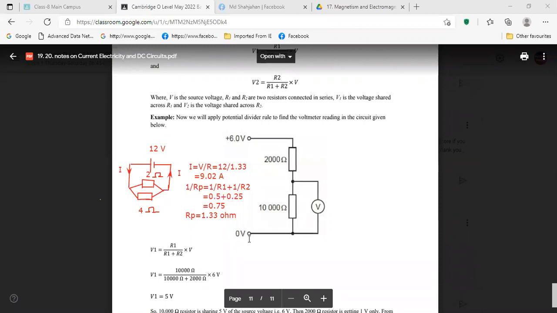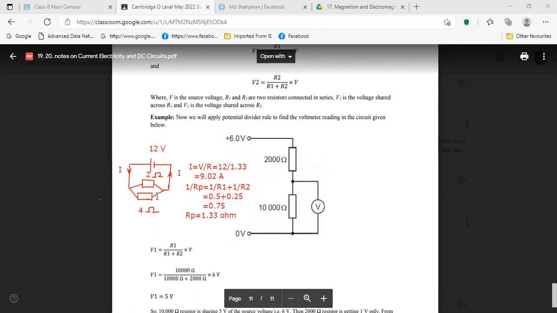Have you understood? The one which has more resistance will get less current. The one which has less resistance will get more current. We simply understand it, right? Yes, sir.